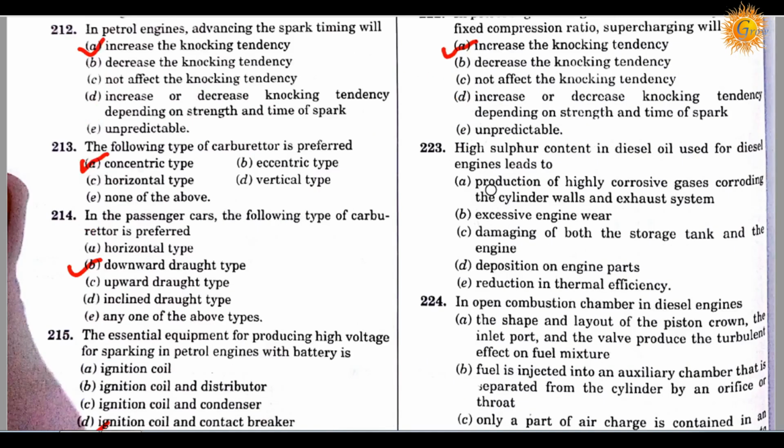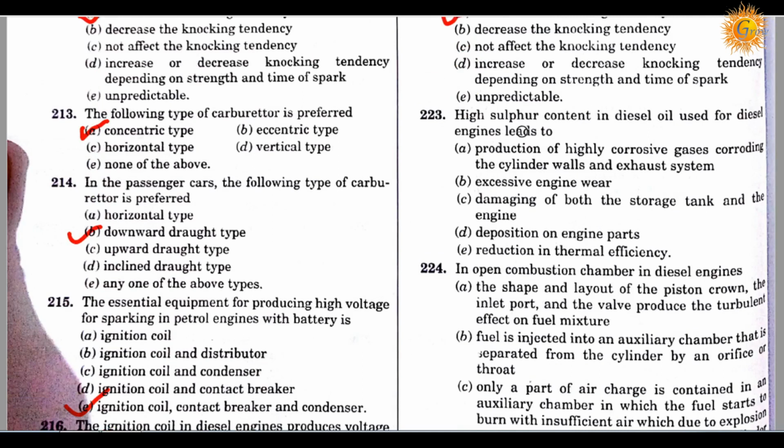Question number 223. High sulfur content in diesel oil used for diesel engines leads to option A, production of highly corrosive gases corroding the cylinder walls and exhaust system, option B, excessive engine wear, option C, damaging of both the storage tank and the engine, option D, deposition on engine parts, option E, reduction in thermal efficiency.